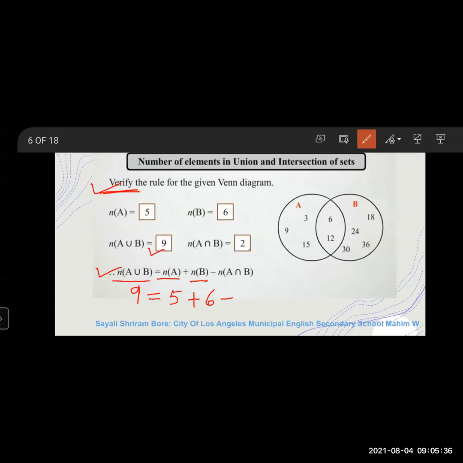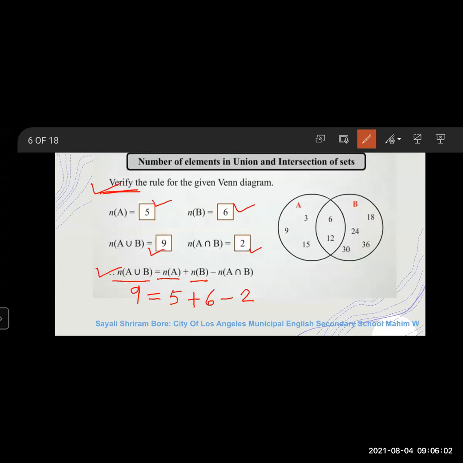How many are there? That is 2. So 9 is equal to 5 plus 6 minus 2. Once you have the number of elements in the union, the intersection, and the individual sets, simply write the formula and substitute the number of elements in each.